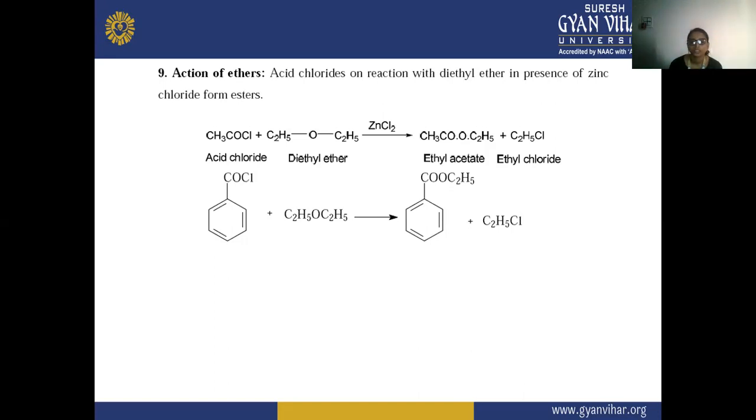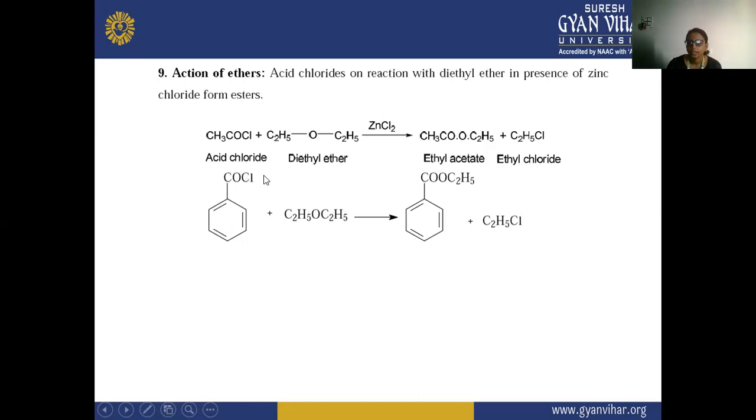So in the aryl compound also, the same thing will happen. There is a dissociation, and this dissociation will occur from this side, and this will get the negative and this will get the positive charge: C2H5O negative and C2H5 positive. Similarly, the benzoyl chloride will get dissociated, so this will get the positive charge, and this Cl will get the negative charge.